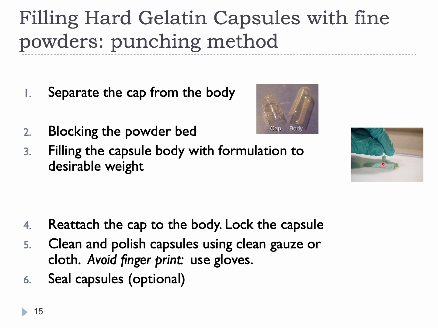After you have the desirable weight, reattach the cap to the body and lock the capsule. After that, the capsule will be cleaned and polished. To avoid any fingerprints, make sure that you wear gloves during the process of making capsules. An optional step after making most capsules is to seal the capsule.